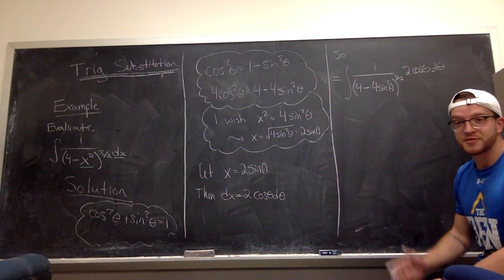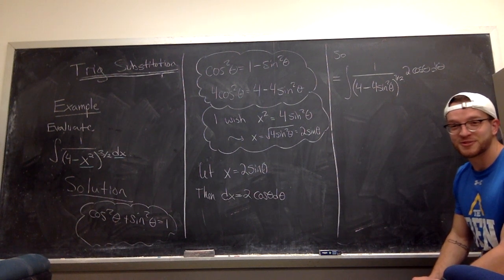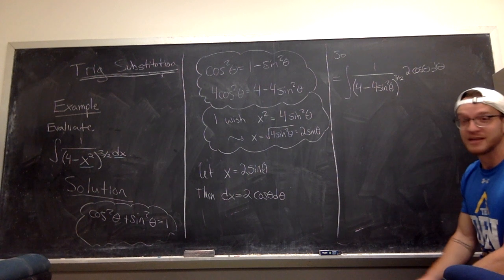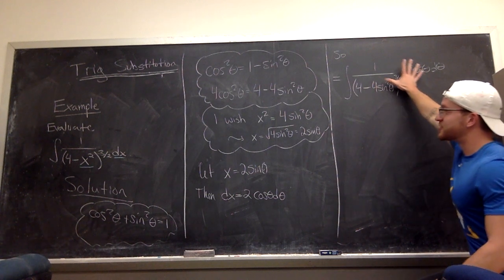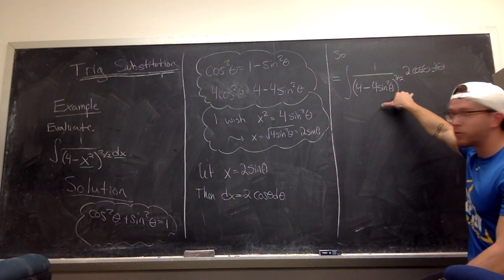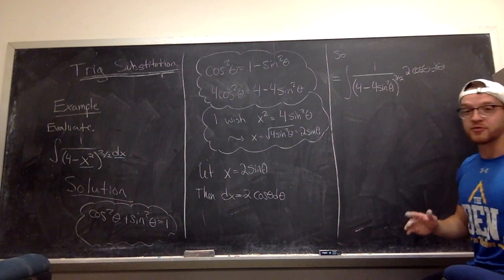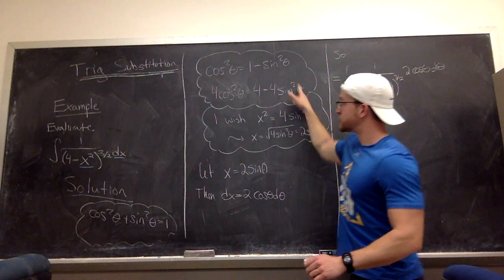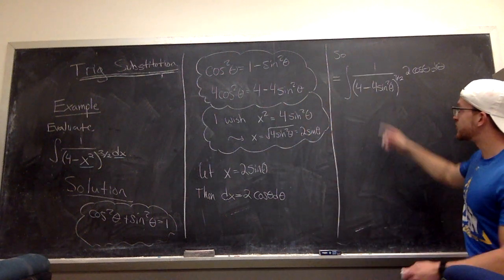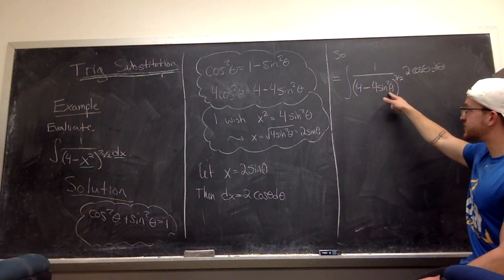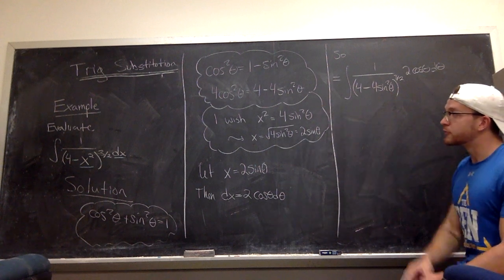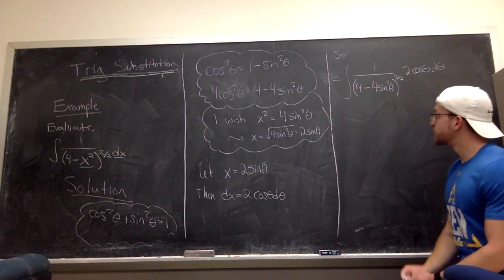And then you look at that and you say, Joe, that doesn't look any better than what we started with. It probably looks even worse. And I agree, but the idea here is now we can do a whole lot of algebra to simplify this a lot. The whole point of doing this was to first use this trig identity. So the first thing we're going to do is, well, 4 minus 4 sine squared theta, I can rewrite that as 4 cosine squared.